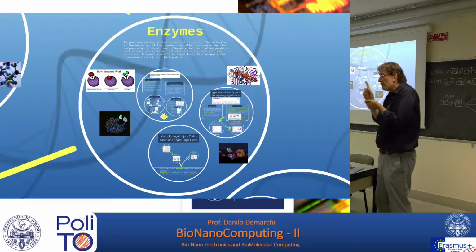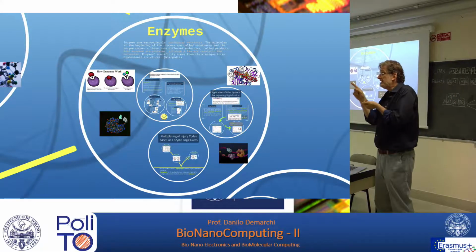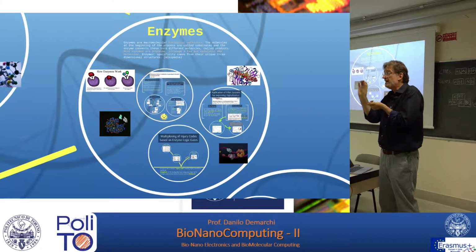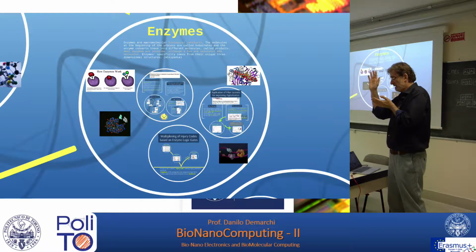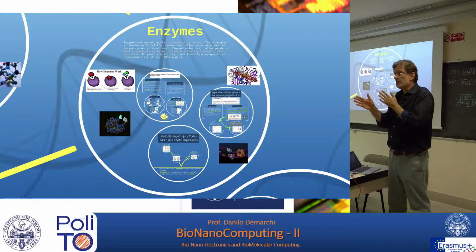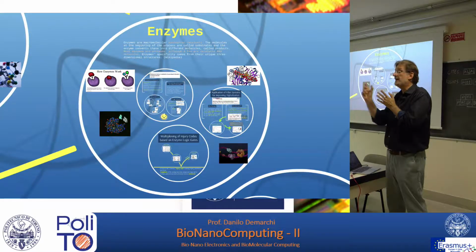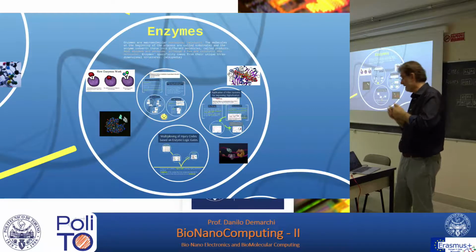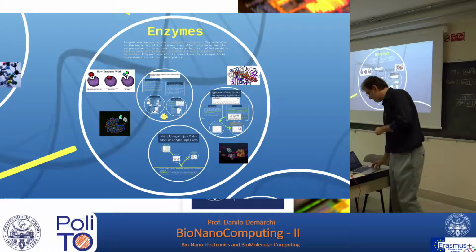Another important property of biomolecules is that they are very efficient, reliable, and precise. The restriction enzyme doesn't cut where the sequence is not the right one. They are reliable. Selective, very much selective, this is the word that I was missing.